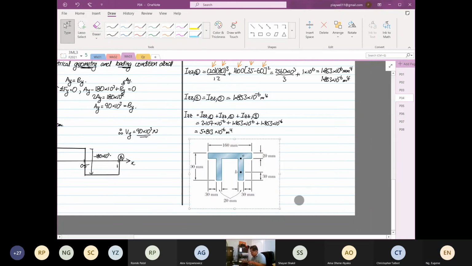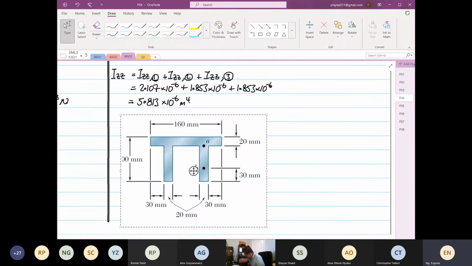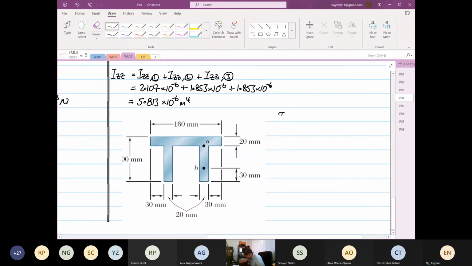Let's find the shearing stress at point A. It is equal to Vy over Izz, times Qz divided by t.